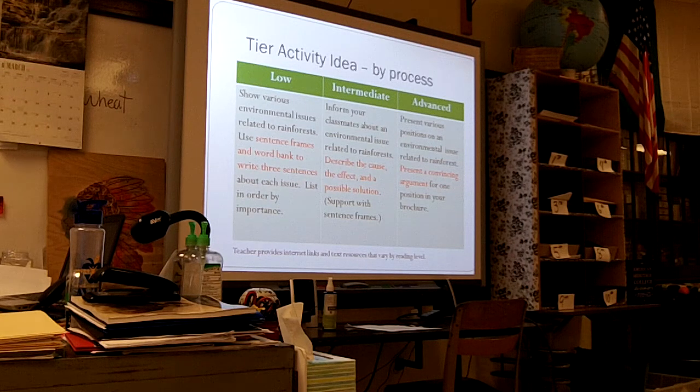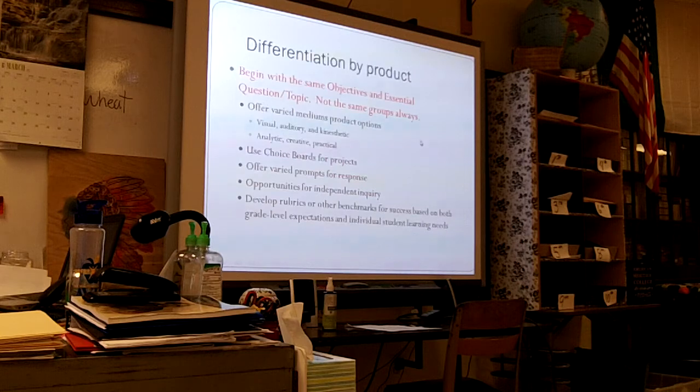Describing the cause and effect, that is application. Presenting a convincing argument, that is application. That is applying what they've learned. So you're pulling them up, but just because you're a low language learner does not mean you don't have the context.